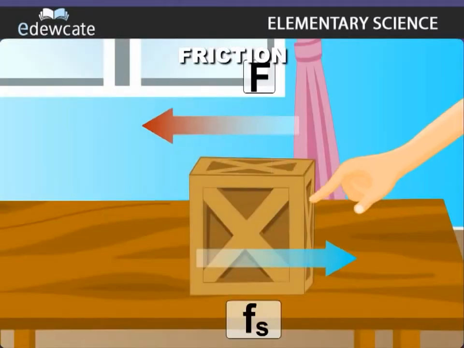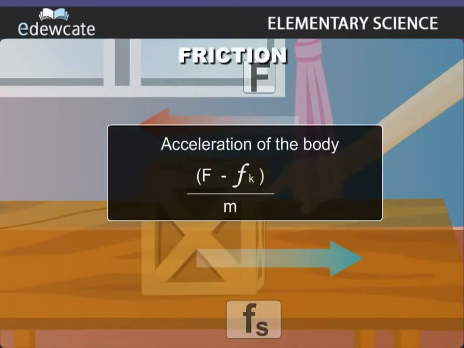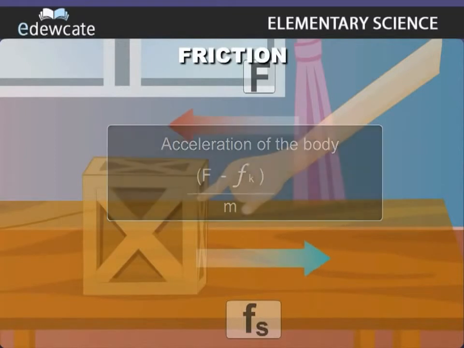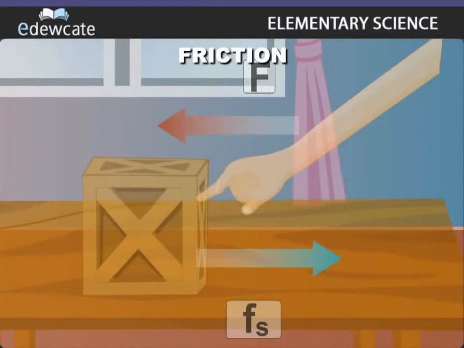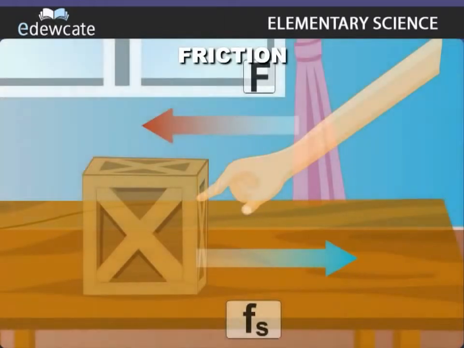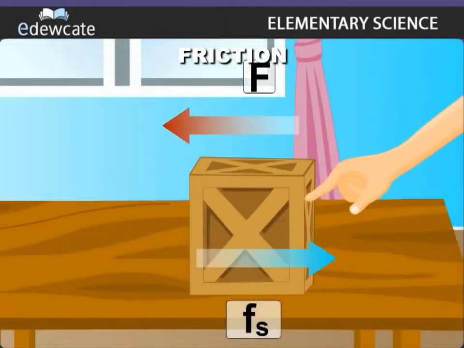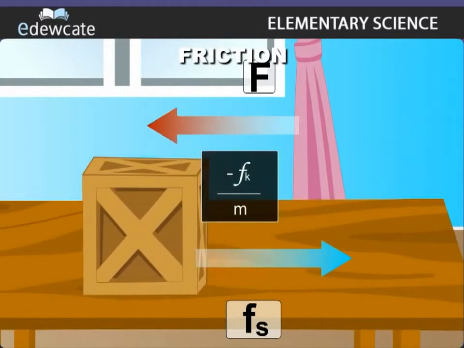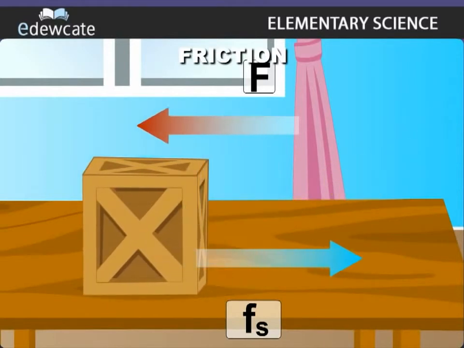When relative motion has begun, the acceleration of the body according to the second law is (F minus Fk) by m. For a body moving with constant velocity, F = Fk. If the applied force on the body is removed, its acceleration is minus Fk by m and it eventually comes to a stop.